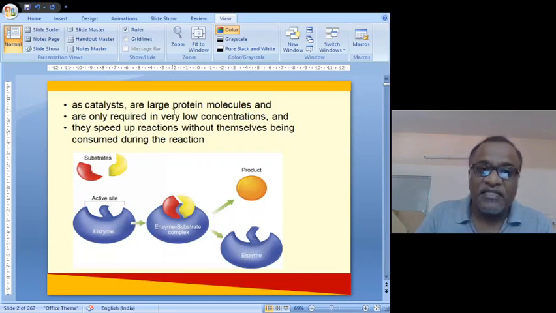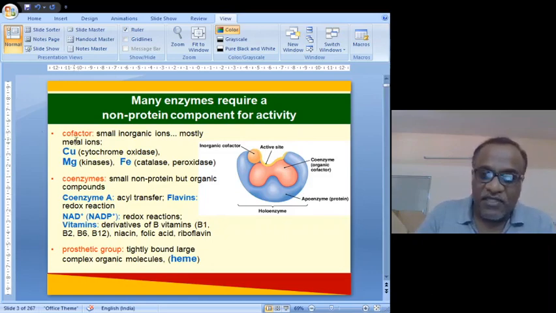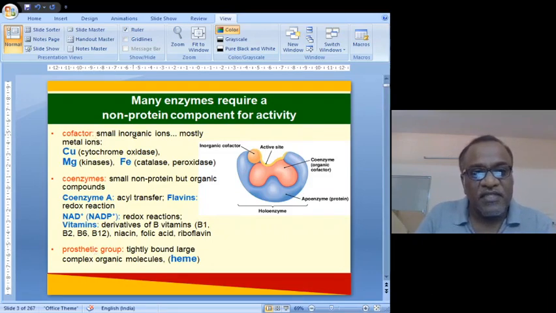We know that enzymes are protein molecules, but many enzymes require a non-protein component for activity, such as cofactor, coenzyme, and prosthetic group. Cofactors are small inorganic ions, mostly metal ions, such as copper in cytochrome oxidase, magnesium in kinases, and iron in catalase and peroxidase. Then we have coenzymes.